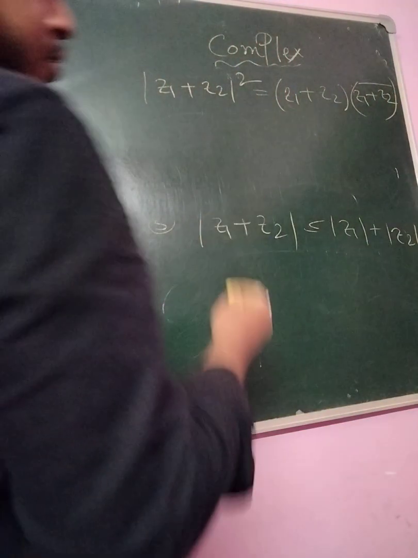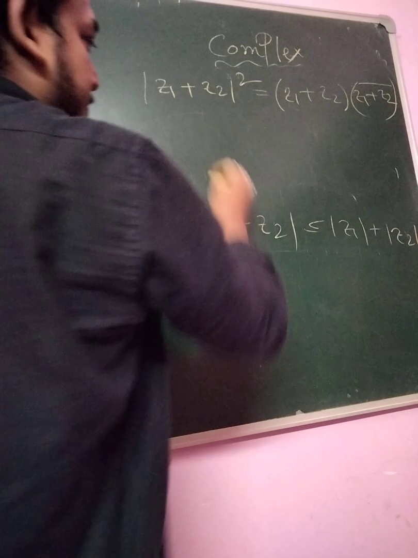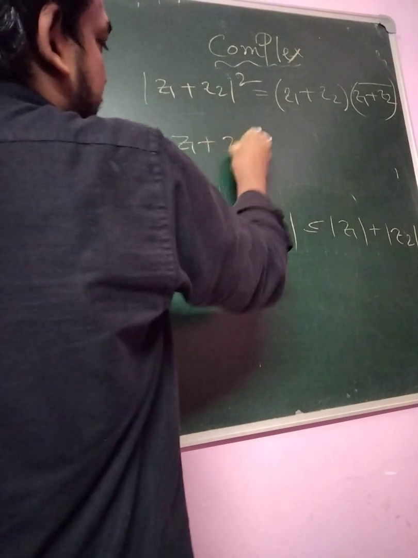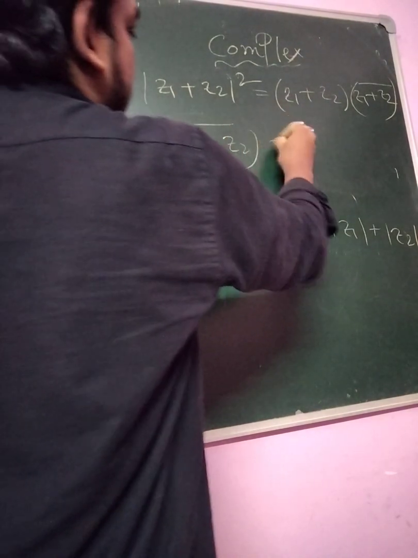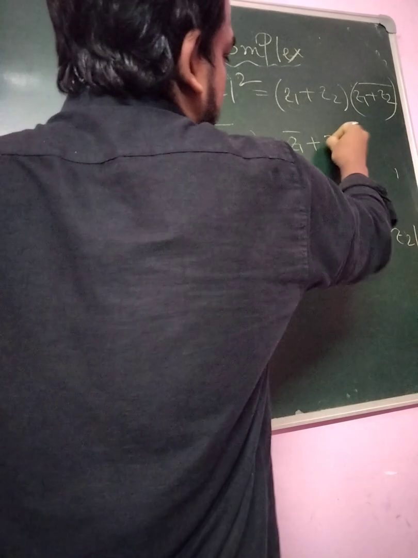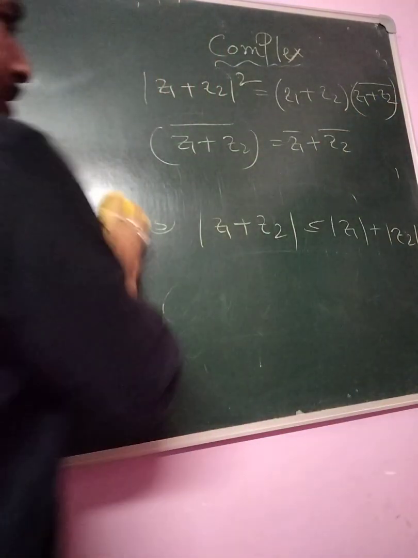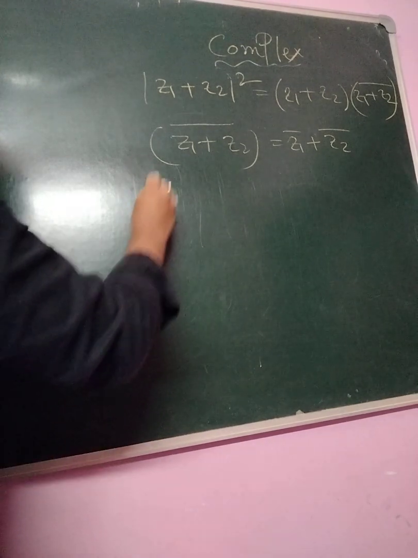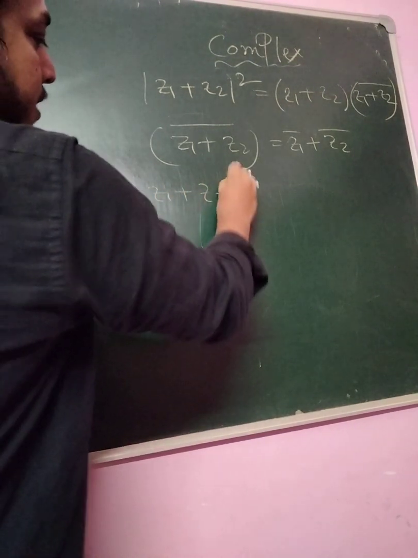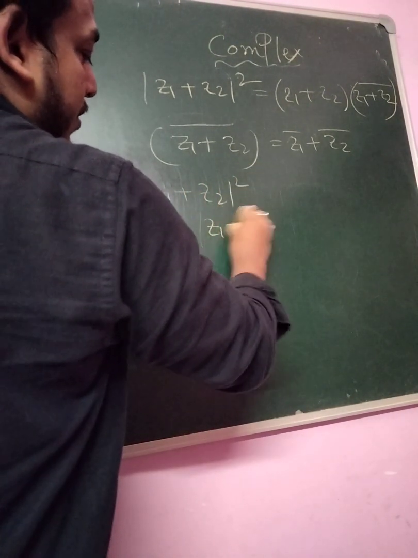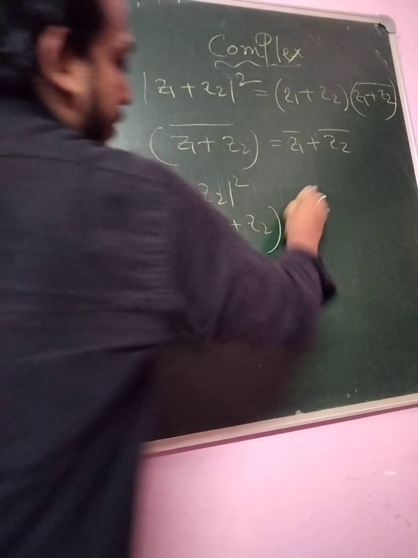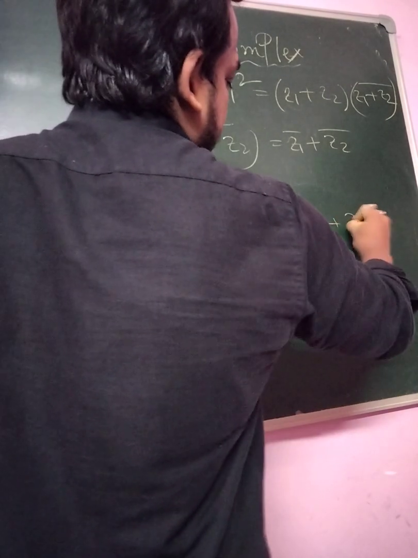So here also we use the properties of conjugate. We know that z1 plus z2 whole bar can be written as z1 bar plus z2 bar. So in place of z1 plus z2 whole bar, we write: mod of z1 plus z2 whole square is equal to z1 plus z2 times z1 bar plus z2 bar.